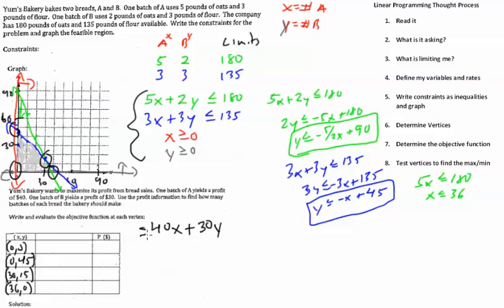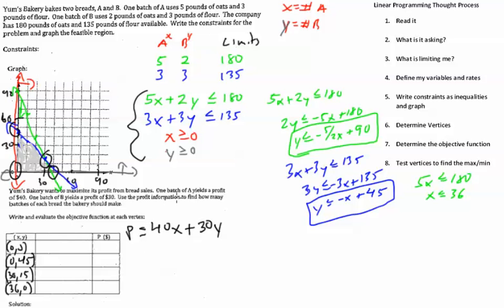And this all has to equal a profit, so let's call it P. So the total profit, or my objective function here, is going to be P equals 40x plus 30y. The number of batches of A times 40 plus the number of batches of B times 30 equals the total profit. Good, that makes sense.